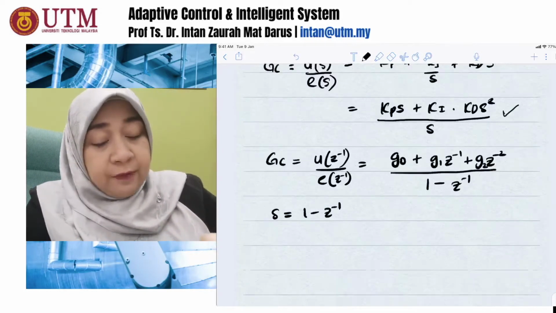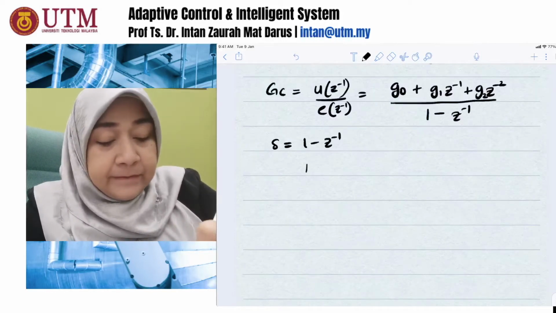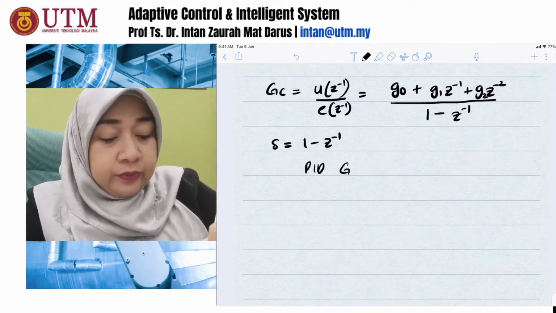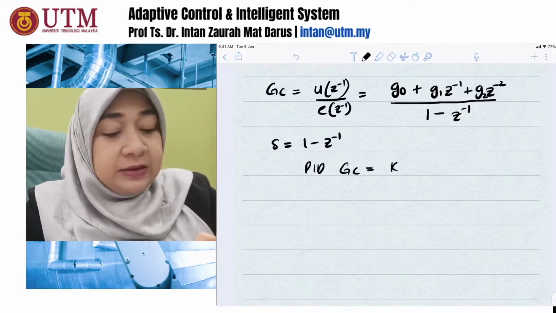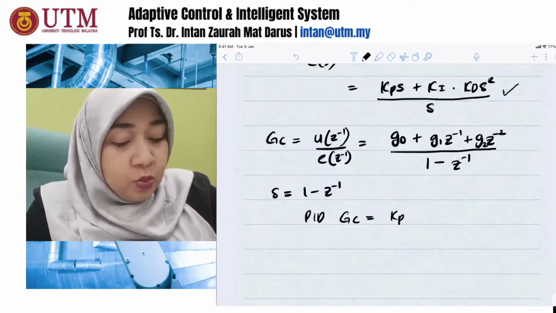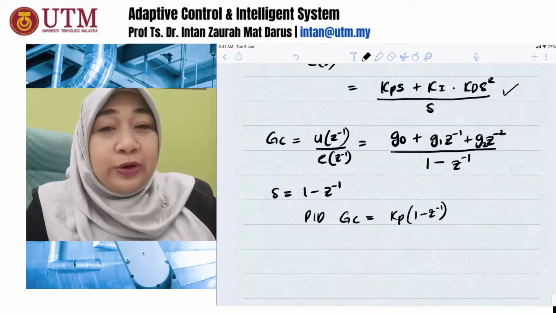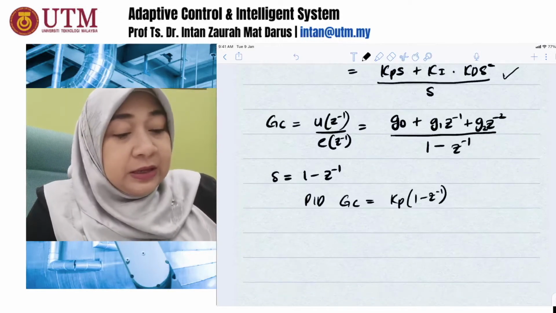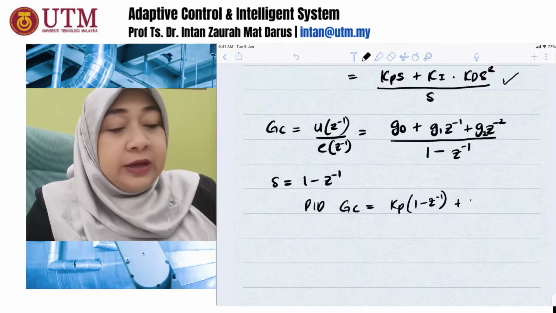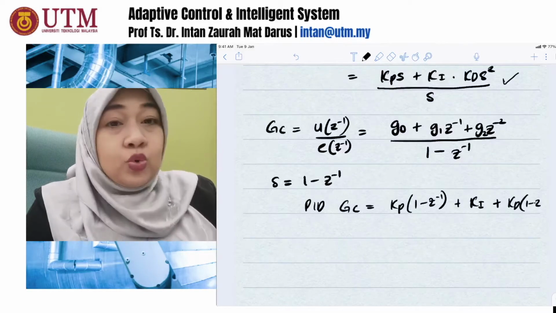So from the PID controller, we have KPS, so S will be 1 minus z minus 1. Now we are going to convert it into the z domain, plus KI, plus KD with 1 minus z minus 1 squared.